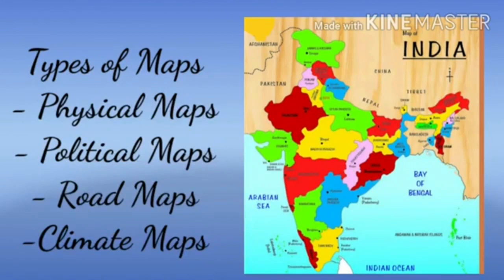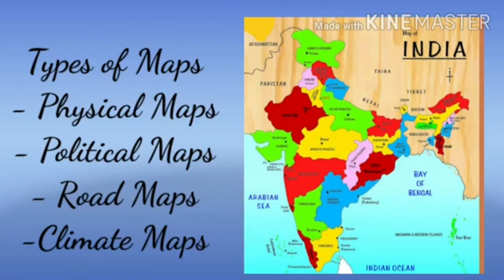Children, next one, road maps. Road maps show the highways, roads, railways, tracks, airports and cities. We use a road map to find our way in a new city or town. Children, next one, climate maps.